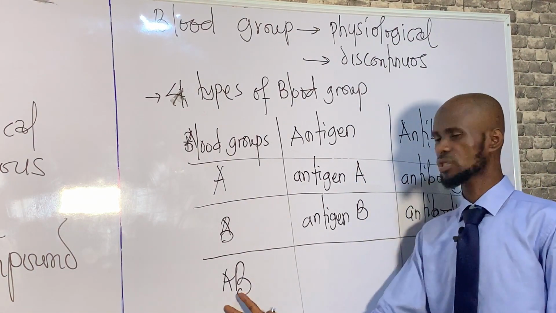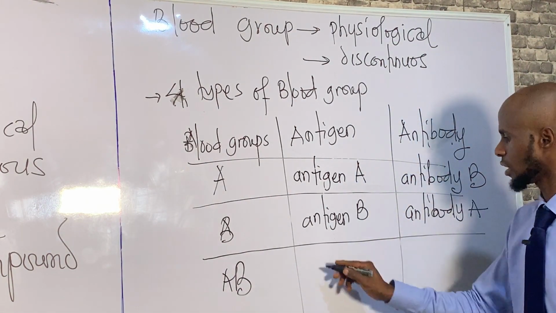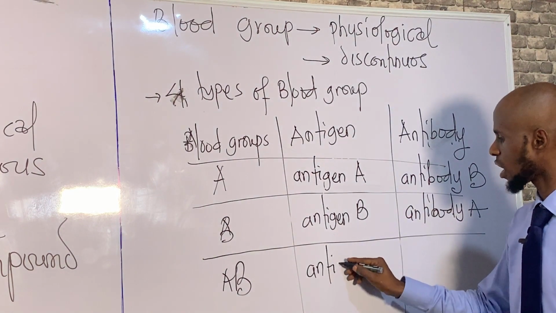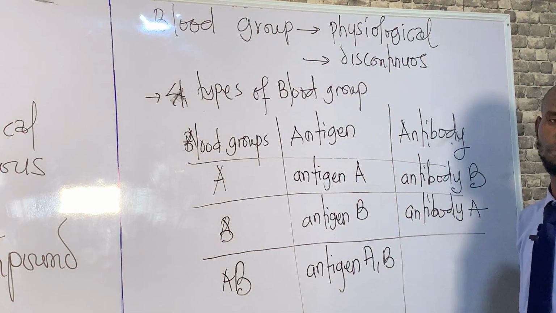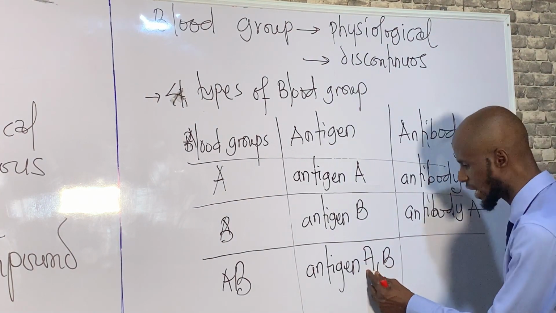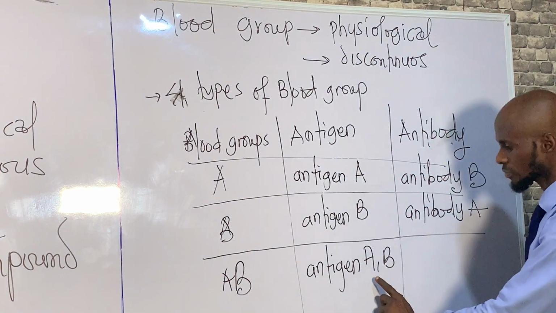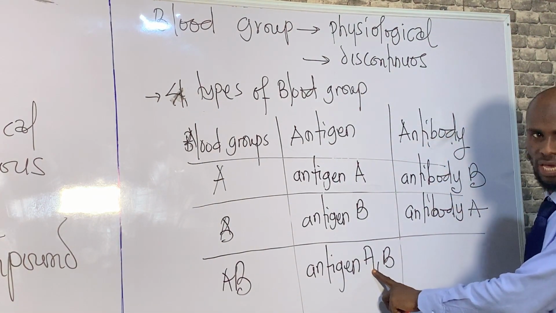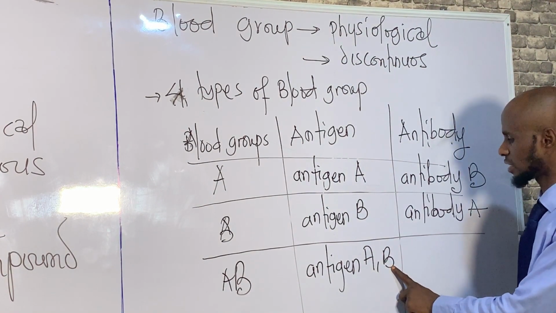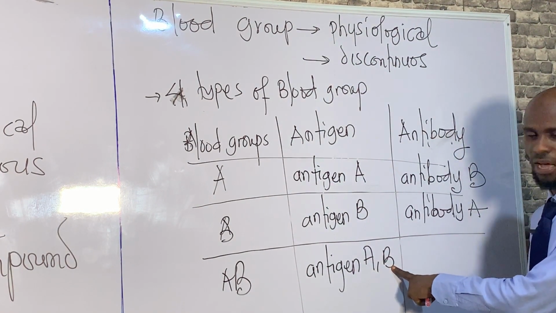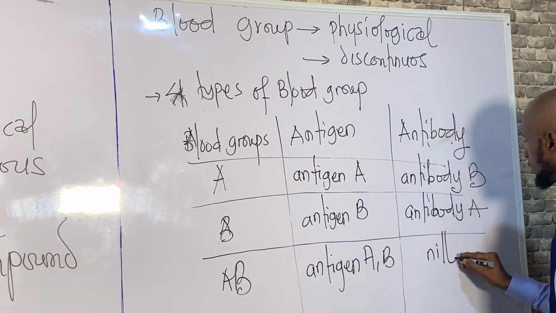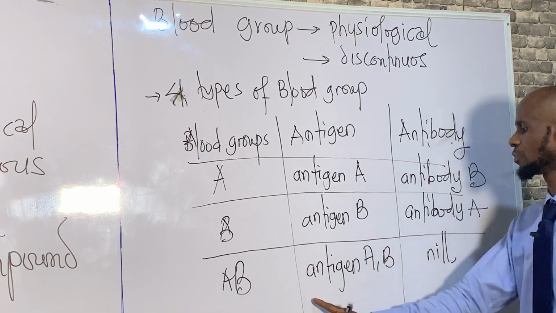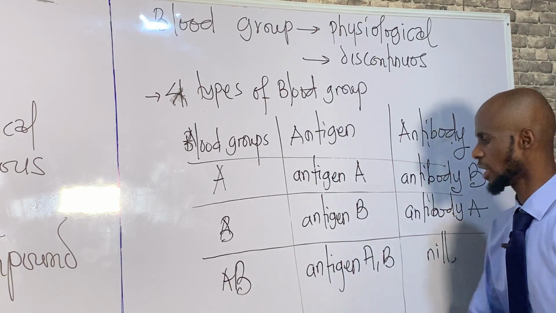You are going to have both antigens because you have A and B. Therefore, you have antigen A and antigen B. For you to have antigen A, you must not have antibody A. For you to have antigen B, you must not have antibody B. Therefore, you are having none of the antibodies for blood group AB.